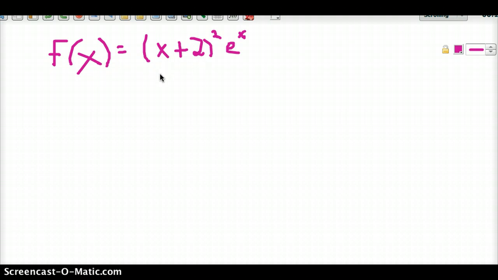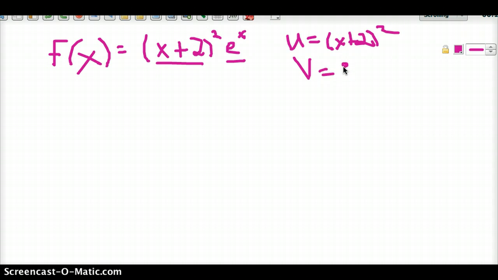So you can see that we need to figure out how two terms are being multiplied here. I see a term here and a term here. So let's make u equal to x plus 2 squared and v equal to e to the x.